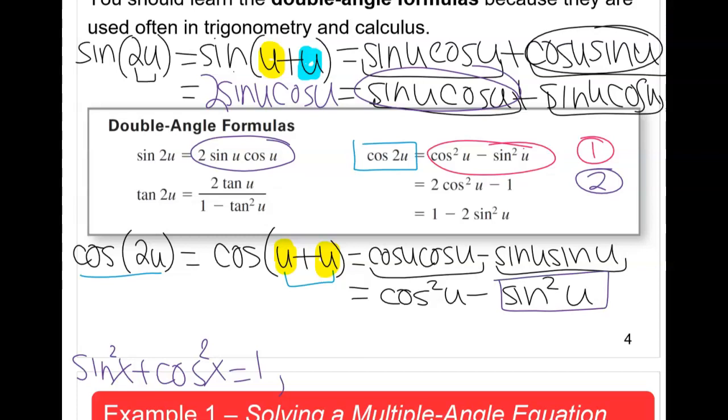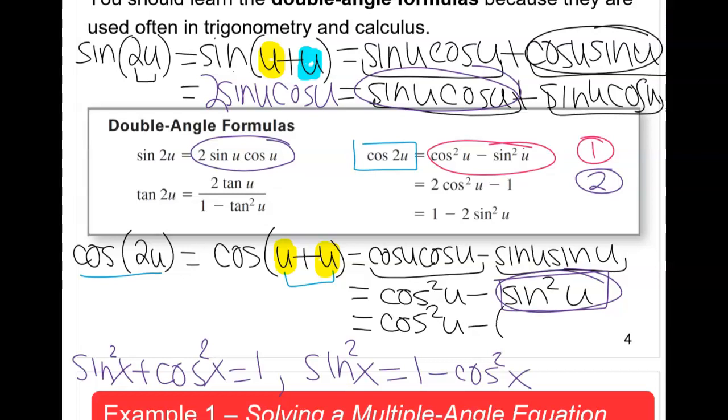From here, what we could do is substitute this part, sine square of u. With the Pythagorean identity, sine square of x is equal to 1 minus cosine square of x. Notice that I'm going to switch the variable to u instead of x.